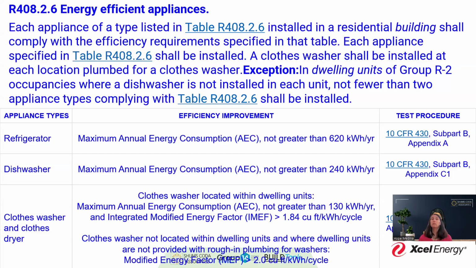There is a definition about what is considered to be conditioned space. There are quite a few definitions that you probably are going to want to go ahead and take a look at.